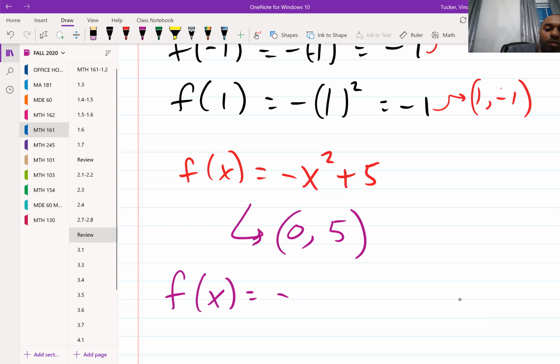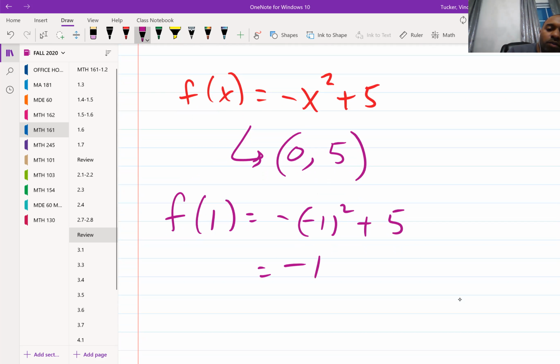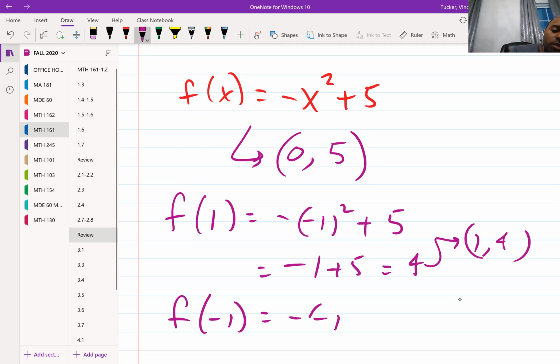So then I could plug in those same values, plug in +1. It's going to be -1 + 5, which is 4. So the ordered pair is 1, 4. And then plugging in -1. Hold on. This one was positive, this one's negative down here. Sorry about that.